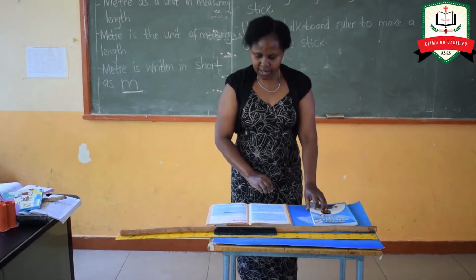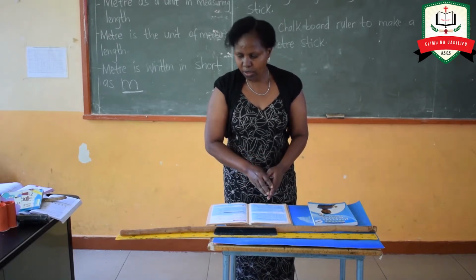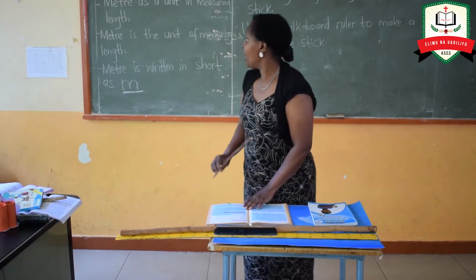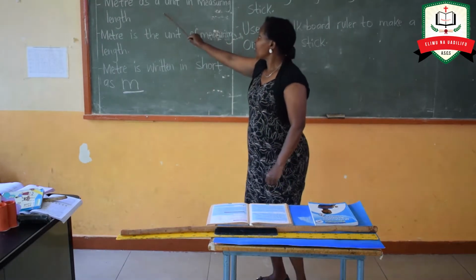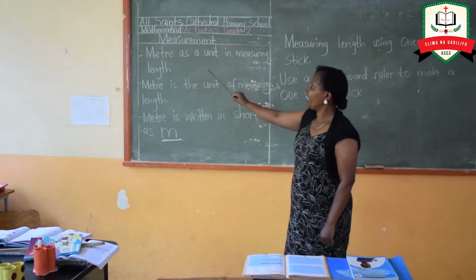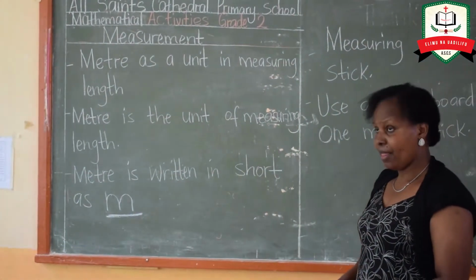Today I've said we are going to do something different. I hope you can recall what we had discussed earlier on. Now, today we are going to look at meter as a unit in measuring length.